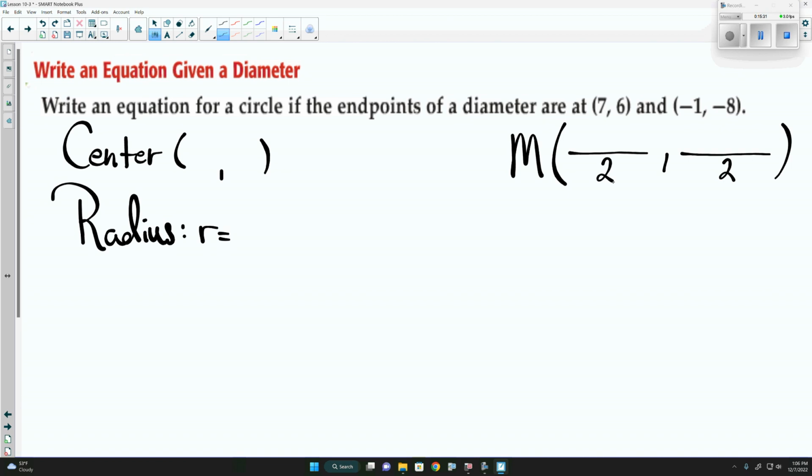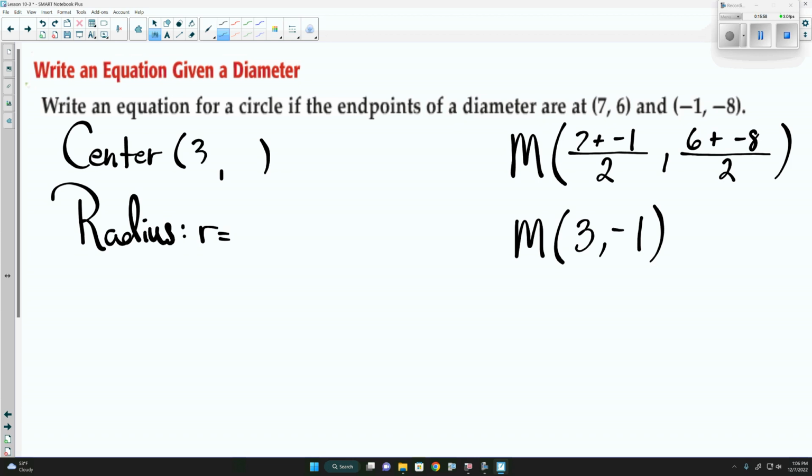And to find the midpoint, we add the x values together and divide by 2. So we'd add 7 and −1. We'd also add the y values, so 6 and −8 together. Well, 7 plus −1 is 6, and 6 divided by 2 is 3. 6 plus −8 is −2, and −2 divided by 2 is −1.